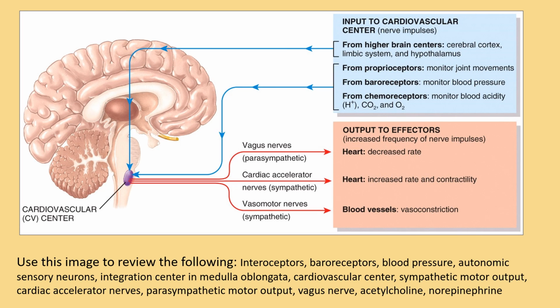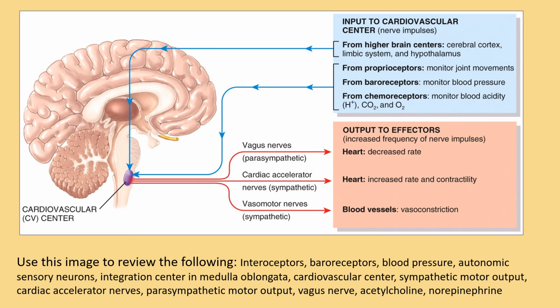In the case of an increase in parasympathetic stimulation, that's delivered to the heart muscle, to cardiac muscle by the vagus nerve. And the vagus nerve, the postganglionic motor neuron, will secrete acetylcholine onto the heart, and the heart rate will go down.